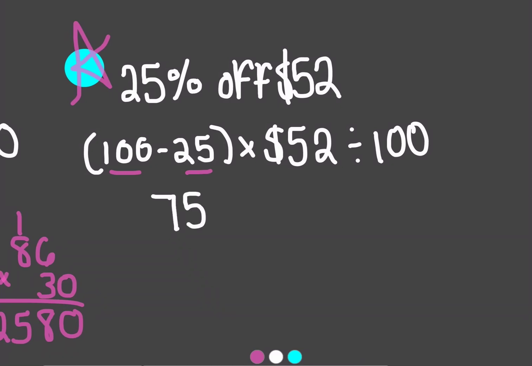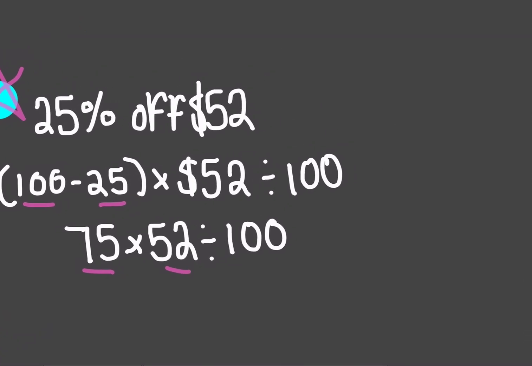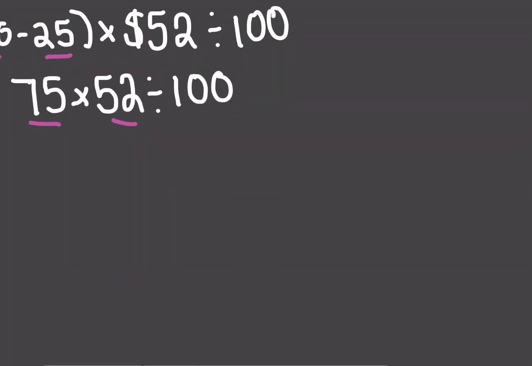You're going to be paying 75% of the original price times 52 divided by 100. You say, well, why is this one harder? It's just because we have a more difficult multiplication problem to set up. So I'll put it over here just so I have space. 75 times 52. And if you struggle with multiplication, this is a good kind of mini lesson to learn.